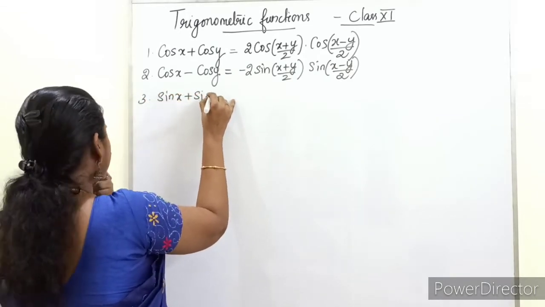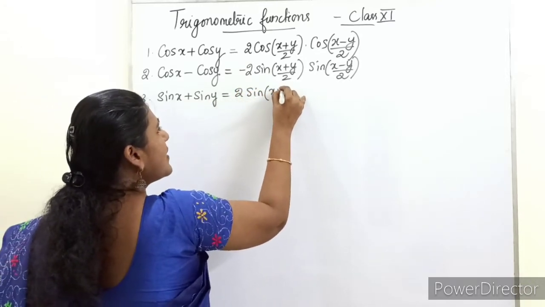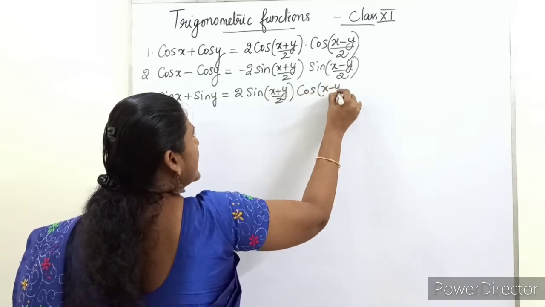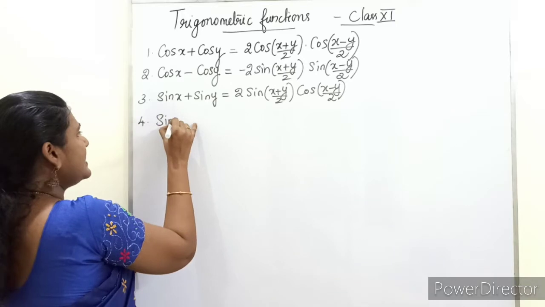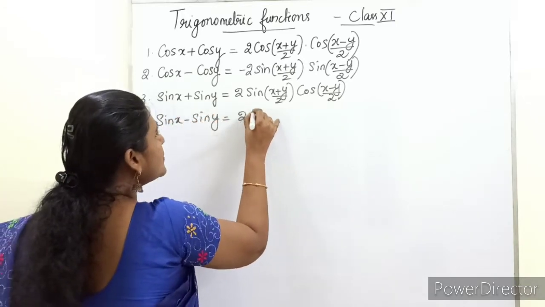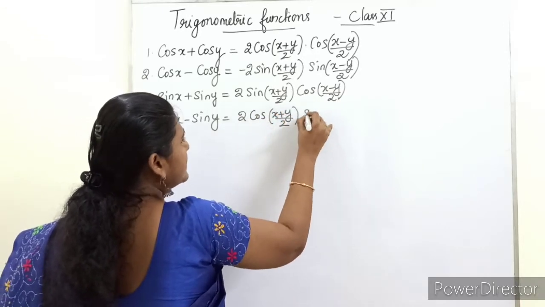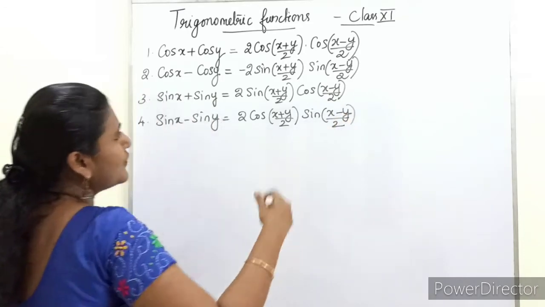Sin x plus sin y is equal to 2 sin (x plus y) by 2 into cos (x minus y) by 2. Next is sin x minus sin y. So the fourth formula is sin x minus sin y, that is 2 cos (x plus y) by 2 into sin (x minus y) by 2.